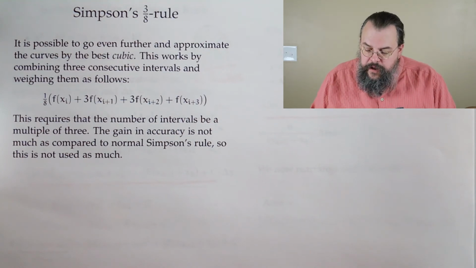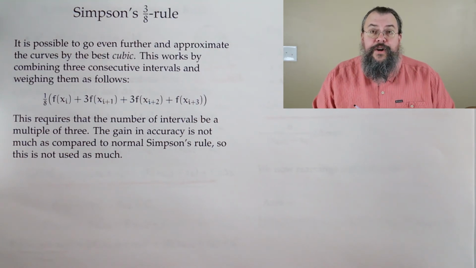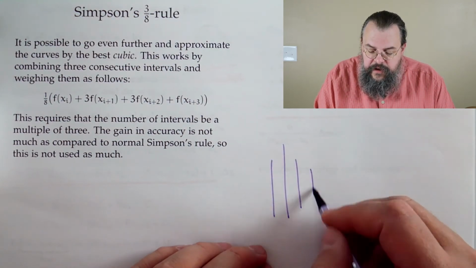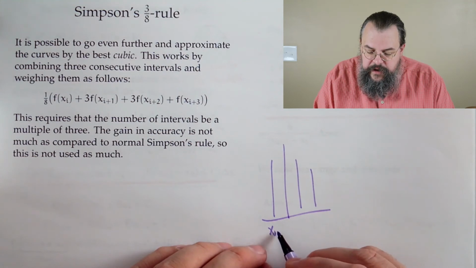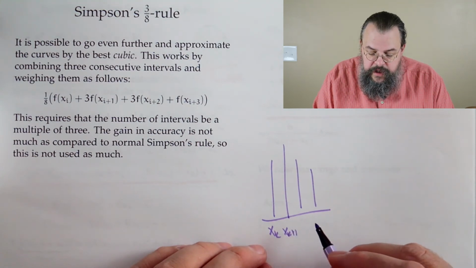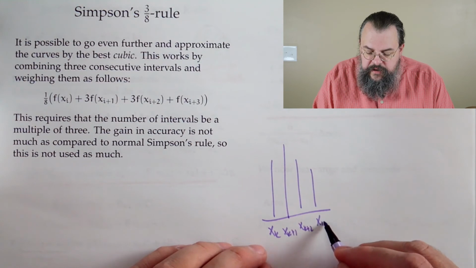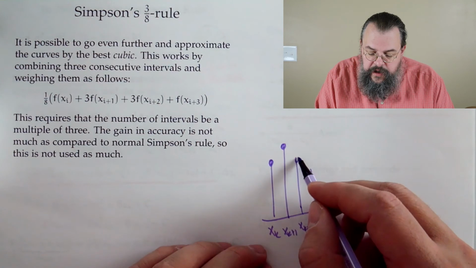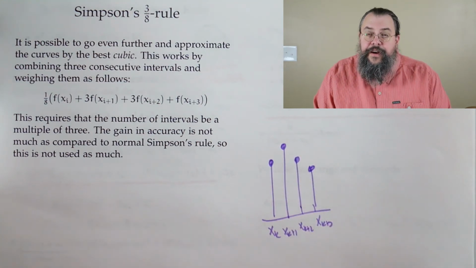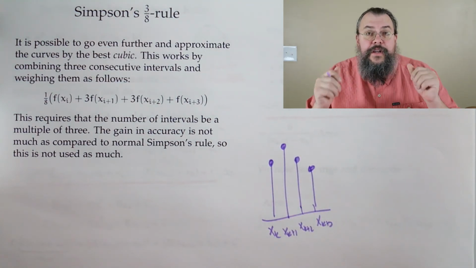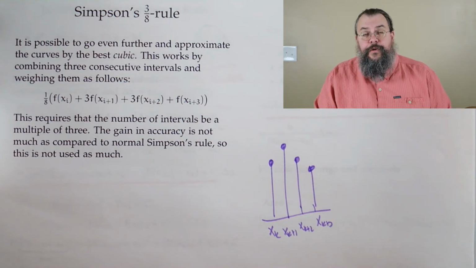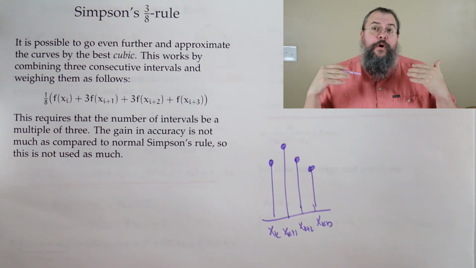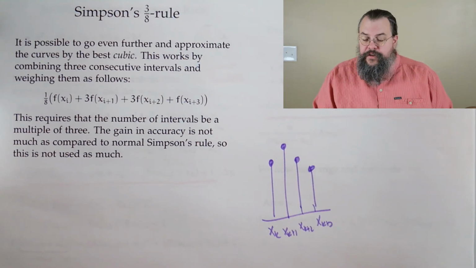And so we're going to combine 3 consecutive intervals. So we have our xk plus 1, xk plus 2, xk plus 3, and now we have those 4 data points. Well, there is a unique cubic which will pass through those 4 points. And we can sit down and ask, what's the area of that unique cubic?